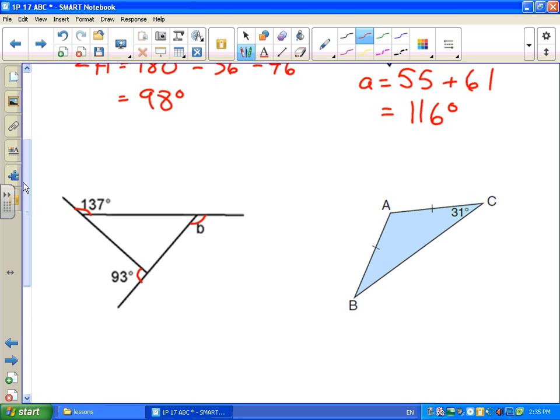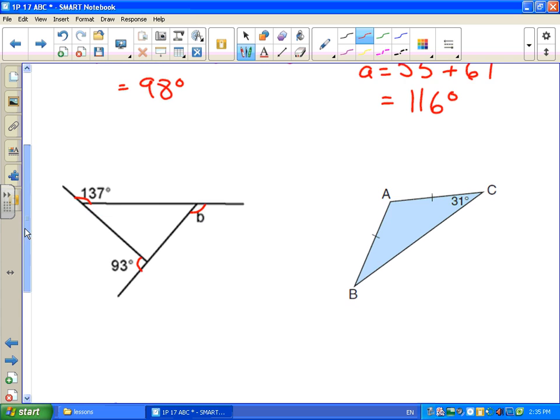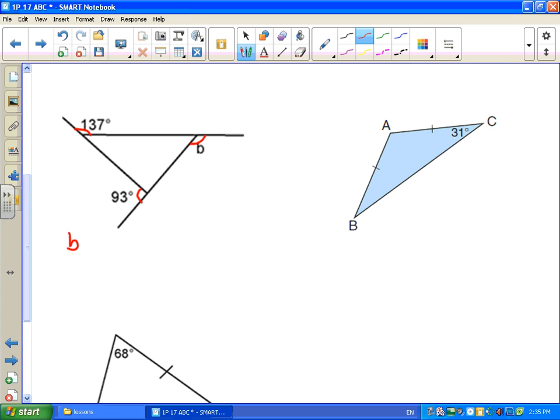It's either 180 or 360. Which one is it? Yeah, they have to add up to 360. So to get angle B, we just have to do 360 minus 137 degrees minus 93 degrees. Punch that into our calculator, and we get 130 degrees.